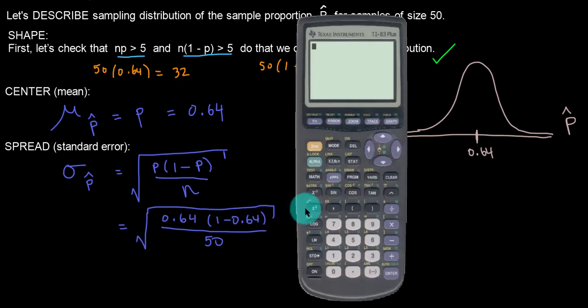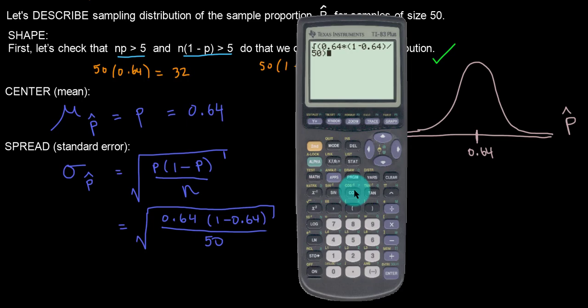To compute this, I'm going to use the calculator here, and a couple comments that this is going to be a small number. We're talking proportions, another way to think of a probability. Probabilities are between 0 and 1.